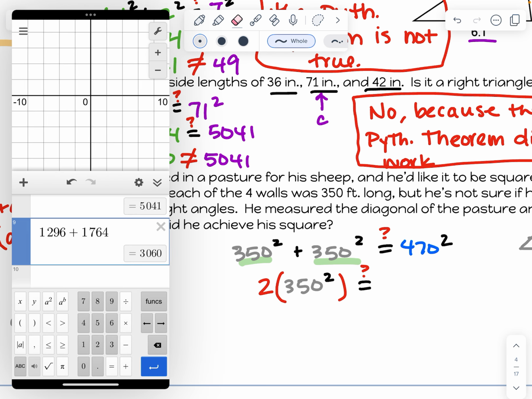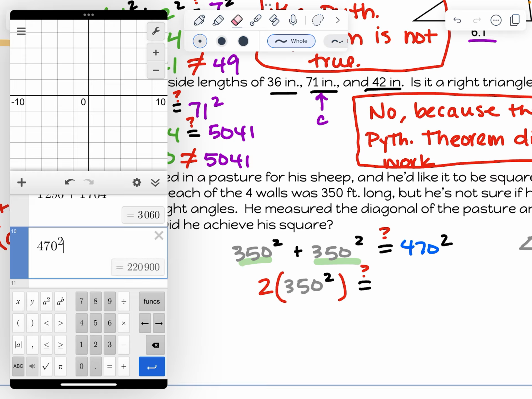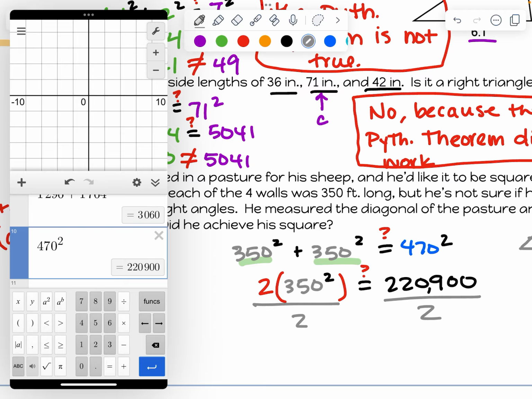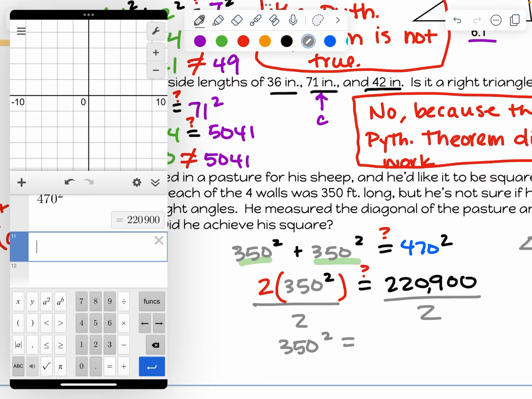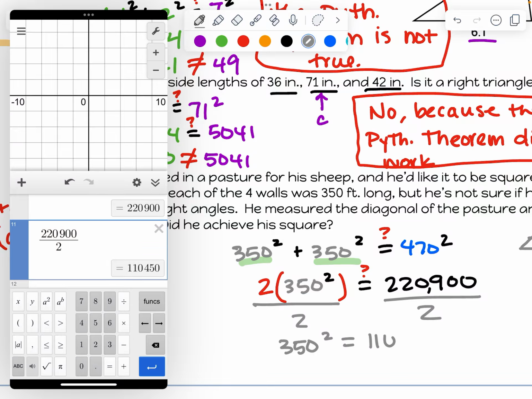Let's go ahead and square that, get that giant number. This equals 220,900. What I can do now is divide both sides by 2, and then I have just 350 squared equaling whatever that is. So 220,900 divided by 2 is 110,450.